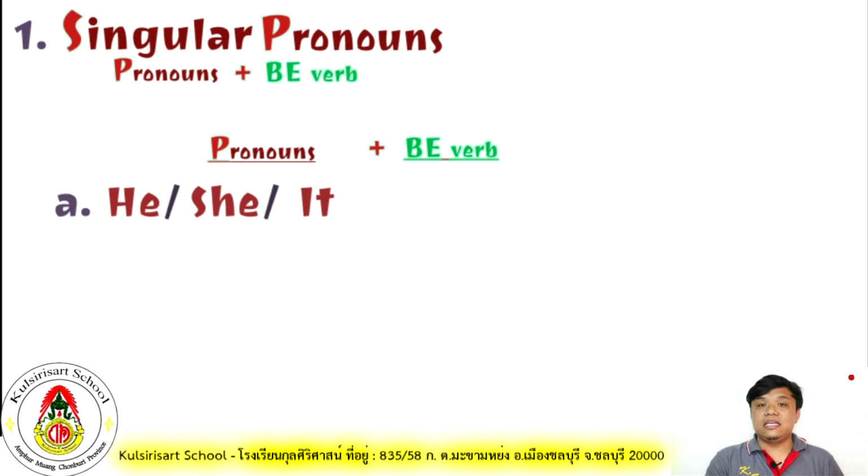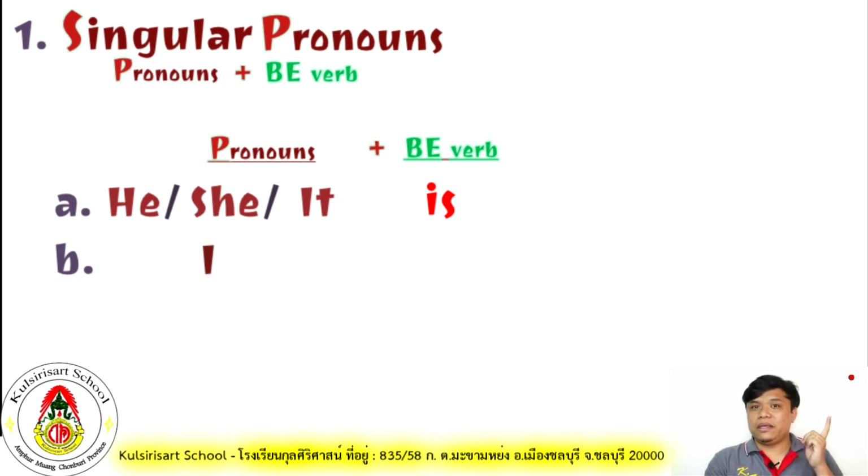Again, he, she, and it. If the pronoun or the noun is added with a be verb, the be verb that should follow he, she, and it should be what? Is. Okay, good job.